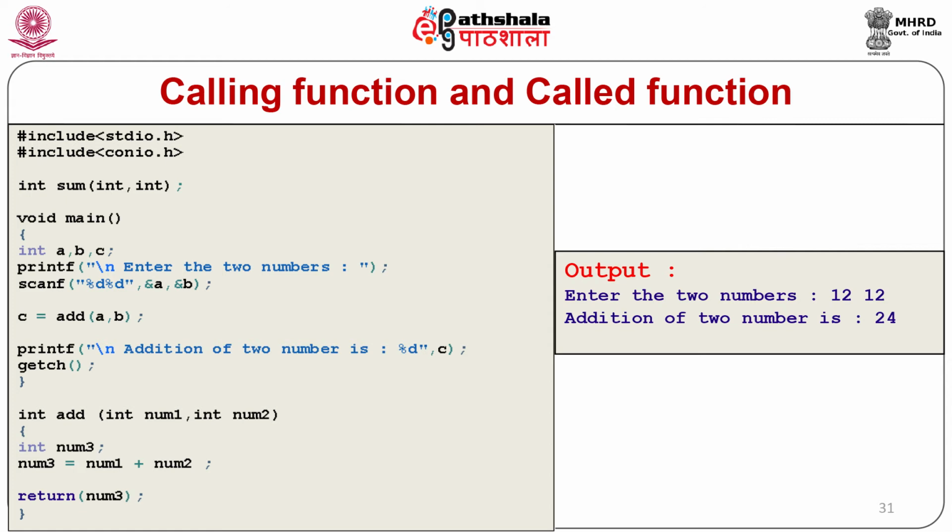Now we pass these arguments to the called function. In the called function we have written integer add, integer num1, integer num2. It means we are passing arguments from the calling function to the called function, and in the called function we perform tasks like number 3 equal to number 1 plus number 2 and we return the value number 3.